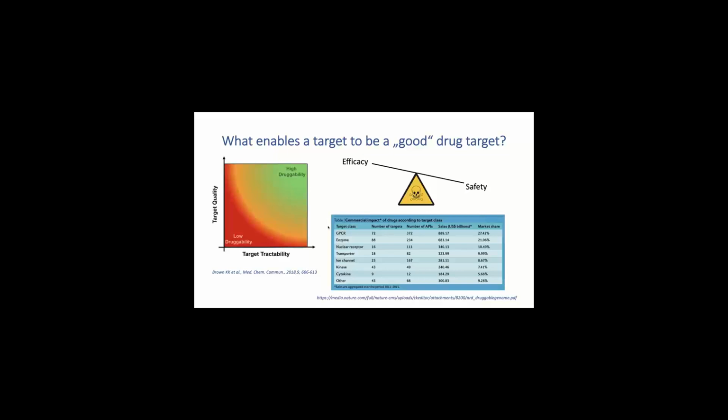And then what you can see as well is ion channels. There are not so many targets actually used from the family of ion channels, but there are a lot of drugs that target ion channels. And then also interesting, the commercial impact of these. So this might also drive our decision, right, on which target we want to focus on.